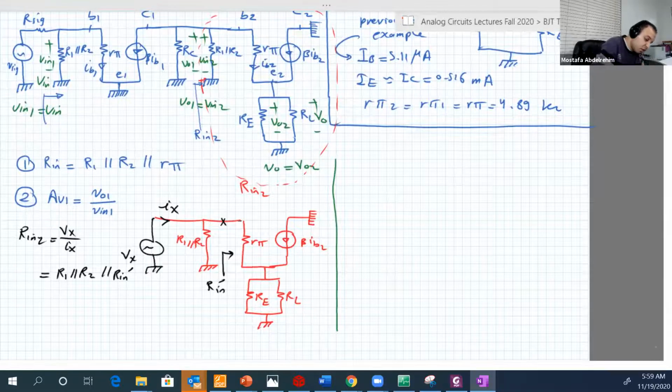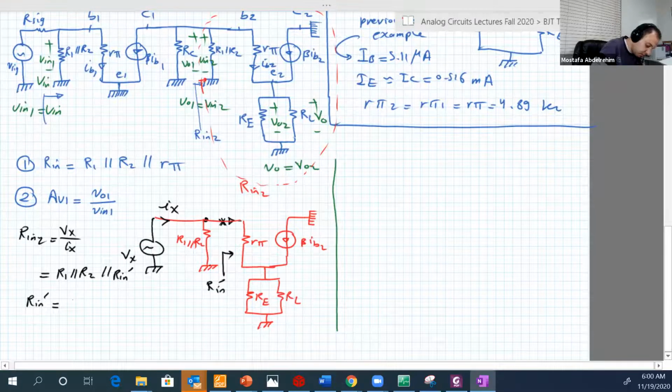So this R input dash is equal to the voltage between this terminal and the ground, which is Vx, over that current, which is IB2.